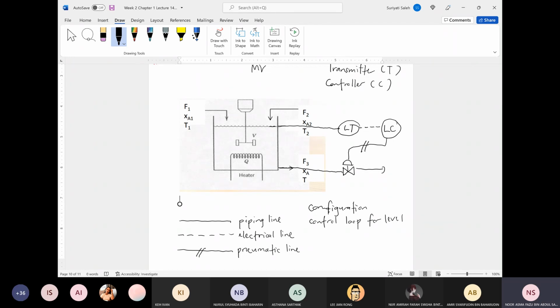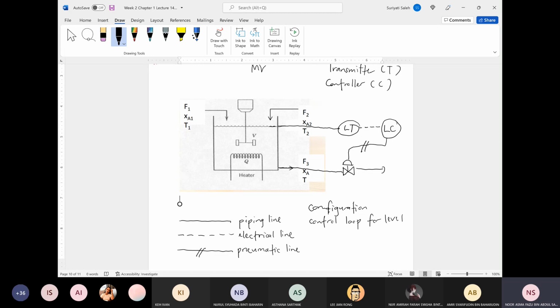Then the pneumatic function interprets the electrical value into the valve opening, how much the valve needs to be turned in order to produce the desired flow rate. The valve itself, if we imagine, is like a head of a water pipe. So how much it's turned represents the flow rate. So that's why you have the pneumatic line.